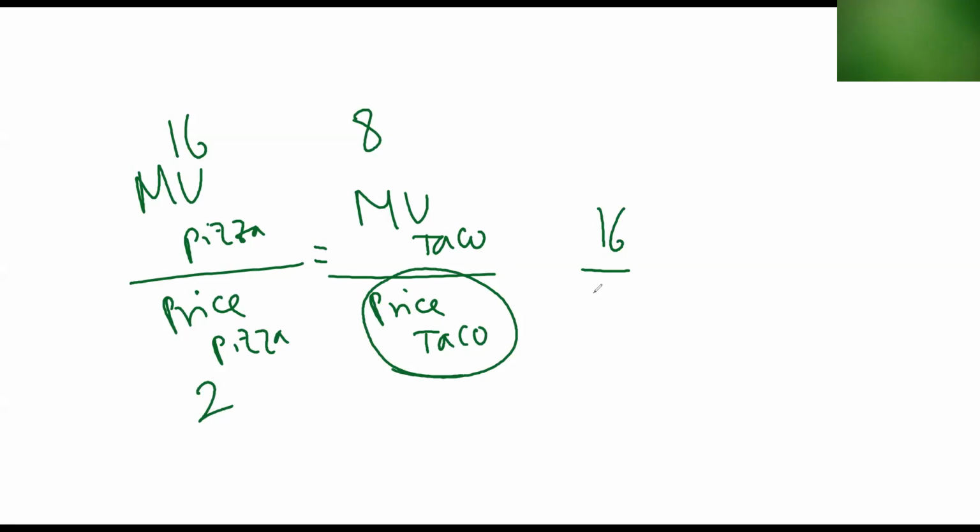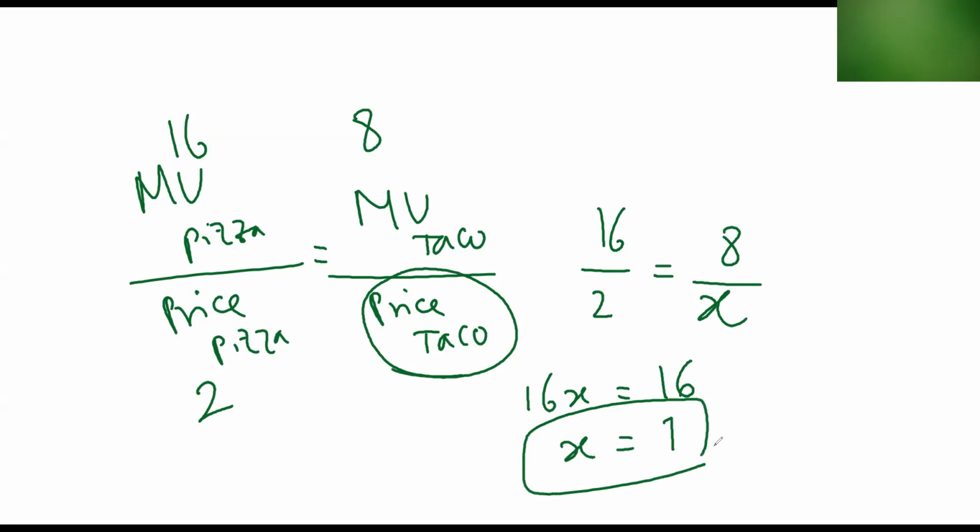So 16 divided by 2 is equal to 8 divided by x. I'm going to solve for x. So 16x is equal to 16. So x is $1. That's the price of taco. Chapter 7. We go back to the test.